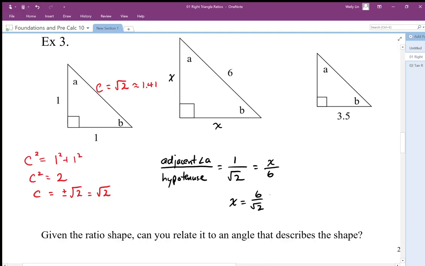Now if you're using decimals, which is not as good as using exact values, 6 divided by 1.41 is approximately 4.25. So it's about 4.25 is the length of this side.